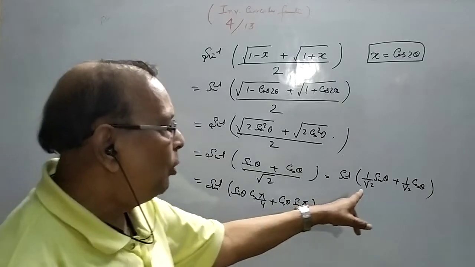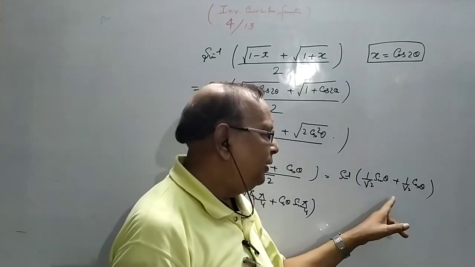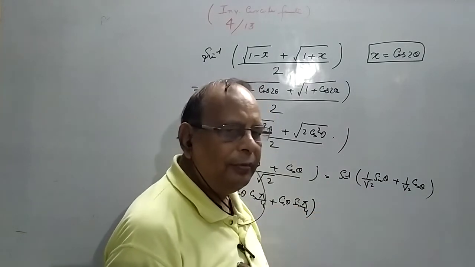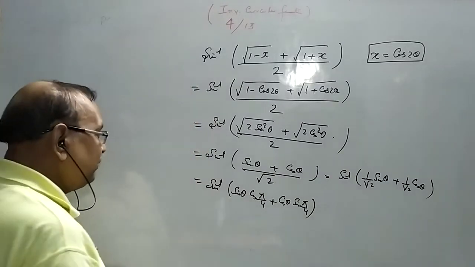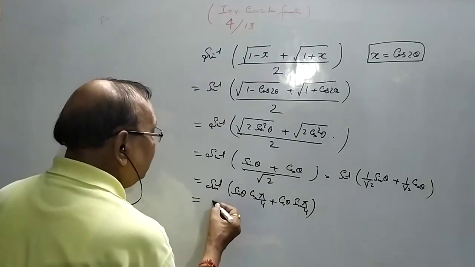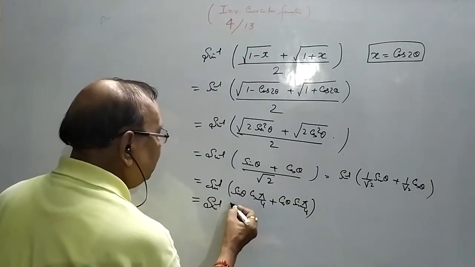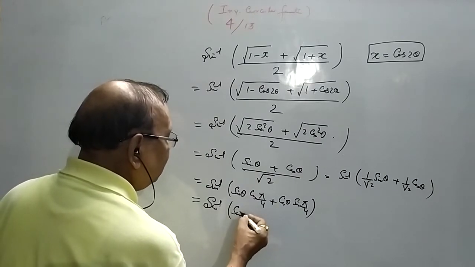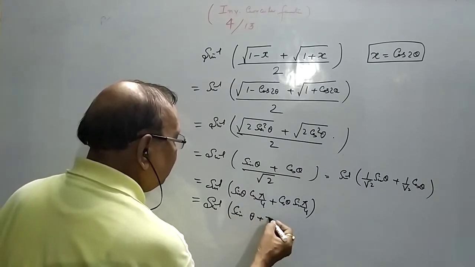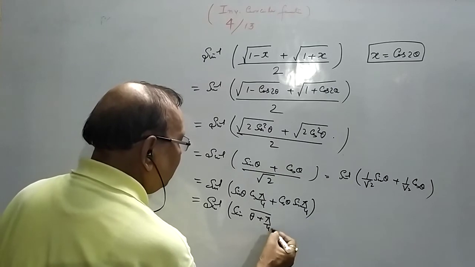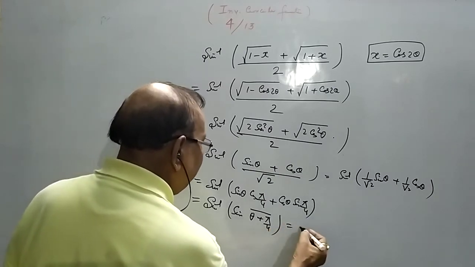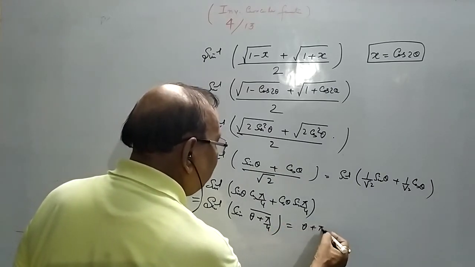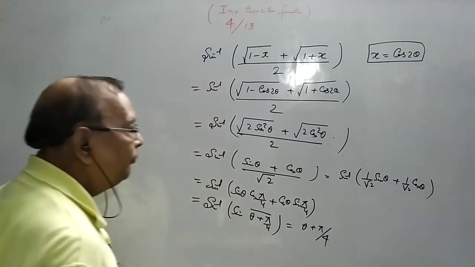We have to put accordingly so that we get the sine formula, for which we are getting sine inverse sin theta plus pi by 4, so that we get theta plus pi by 4.